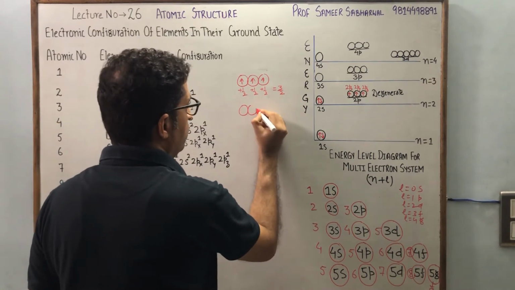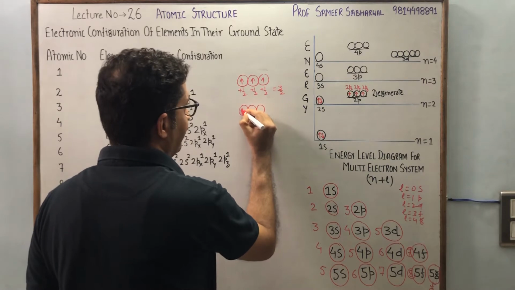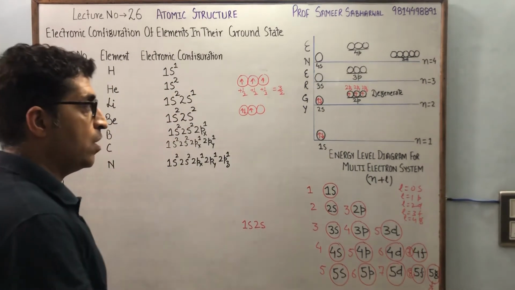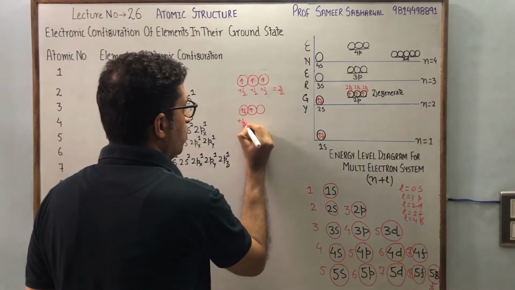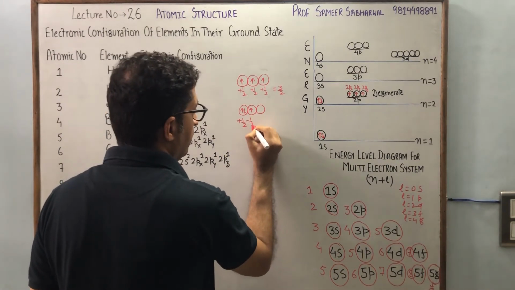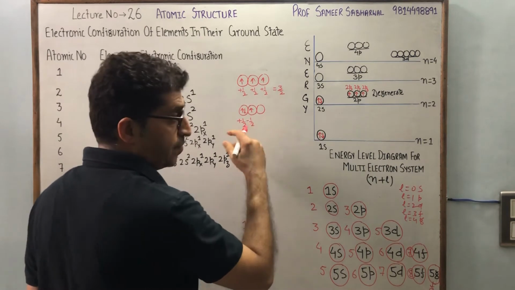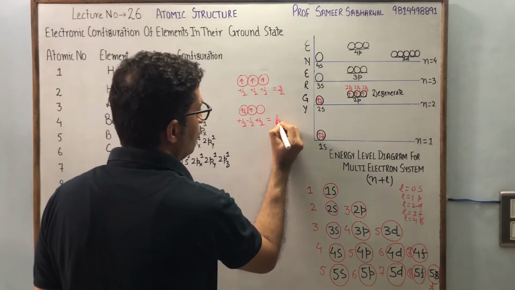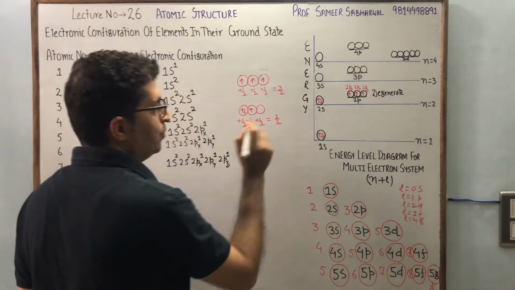Or if we do pairing, right? If we do filling like this, now count its spin, plus 1 by 2, anti-clockwise is represented by minus 1 by 2, plus 1 by 2. This is coming out to be plus 1 by 2 only.